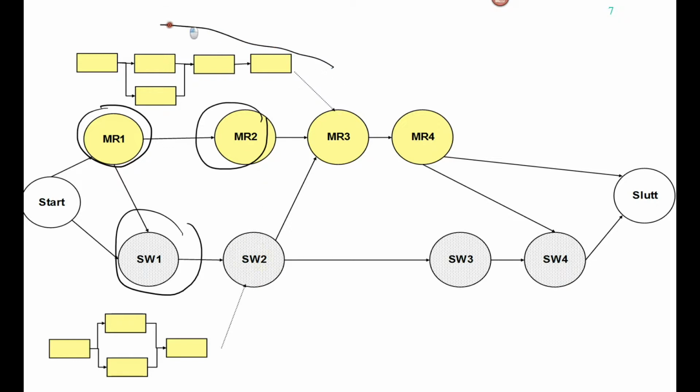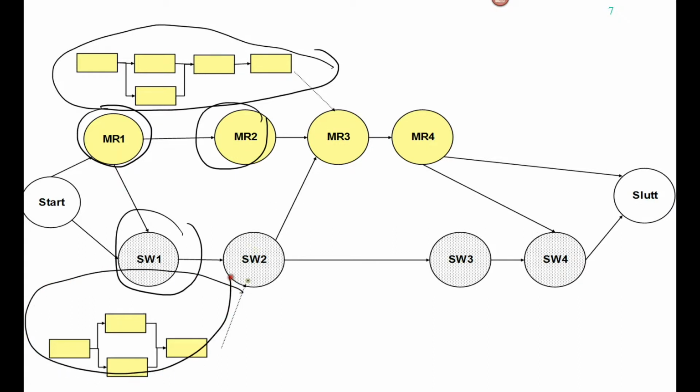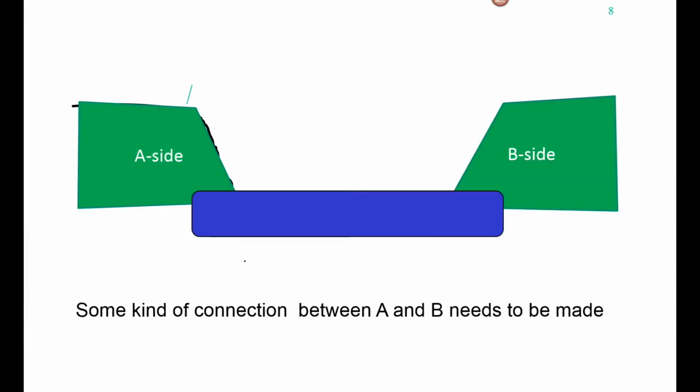And up here we have a network showing the activities needed to get to milestone MR3, as well as this is a network showing how to get to milestone SW2. So sooner or later, of course, we have to find the activities needed to reach the milestones, but not at this very early stage.